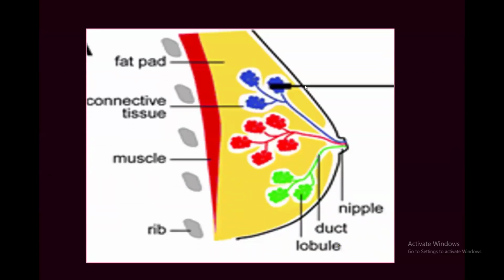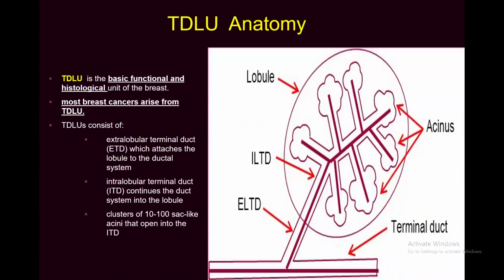Okay, this is an illustration of the ductal system. We mentioned that the duct arborizes until it reaches the lobule and ends in a ductule. Another illustration demonstrating the terminal ducts. Okay, this is the extralobular terminal duct, this is the intralobular terminal duct, and here these are acini or ductules.